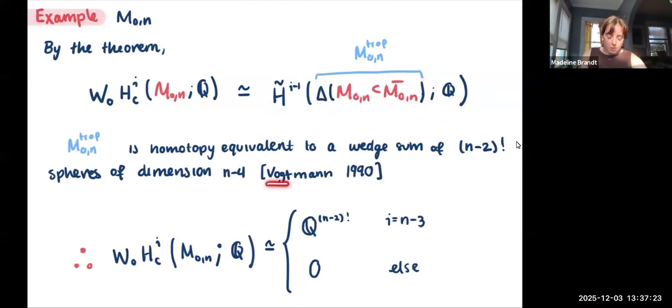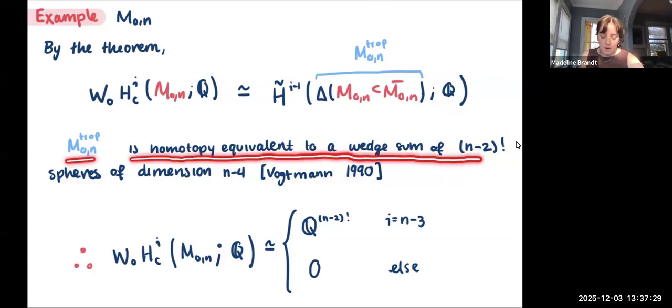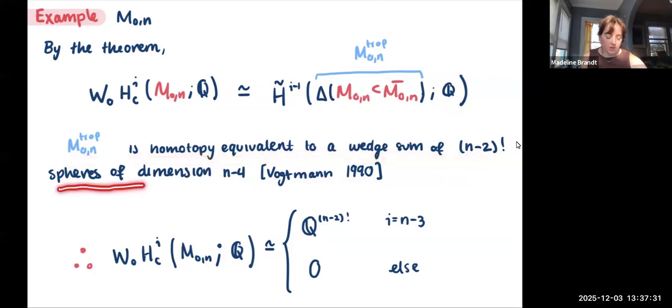Vogtmann proved in the 90s that M_0,n trop is homotopy equivalent to a wedge sum of (n-2)! spheres of dimension n-4. So using that information, you can apply Deligne's theorem and compute something about the cohomology. This is what Deligne tells us in this instance.